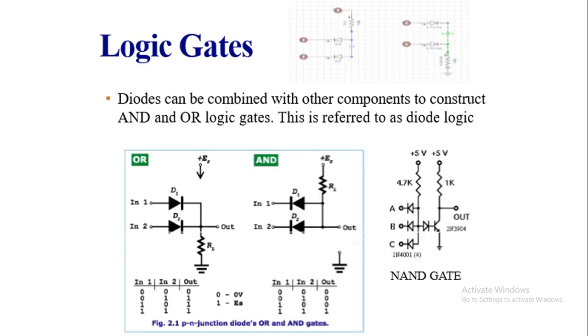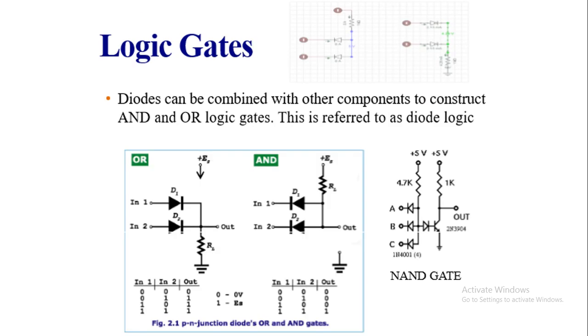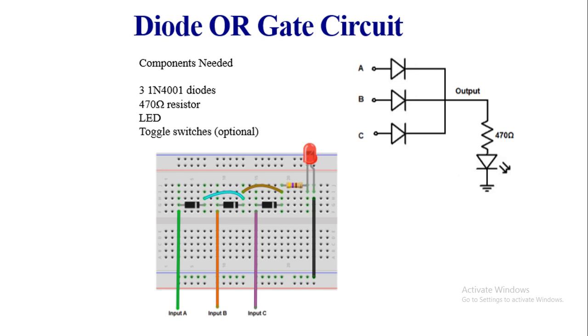And here also is the AND gate on the right hand. The diode OR gate circuit: here we have three inputs, and on the left we show the inputs A, B, C, how they are connected through three switching diodes of type 1N4001, and the resistor connected to them has this value.